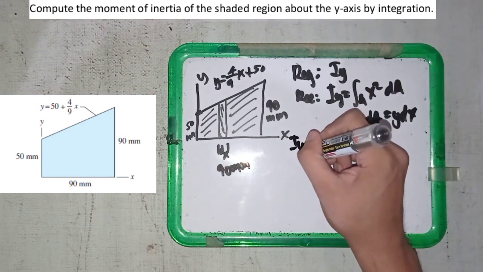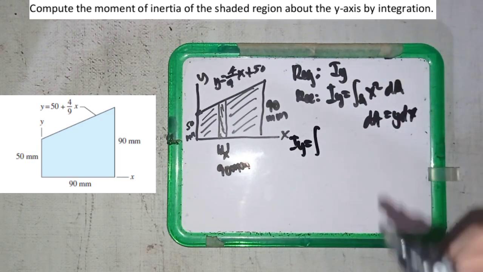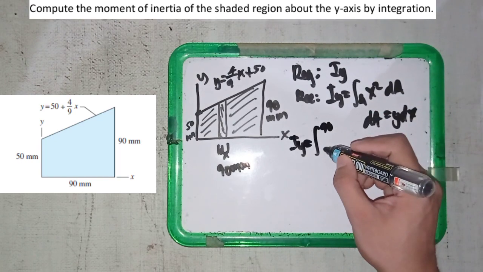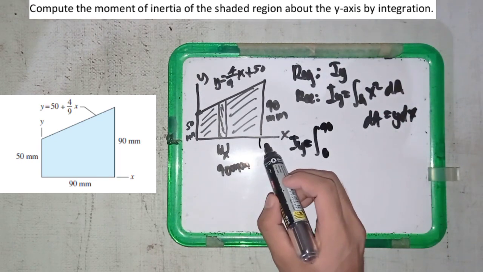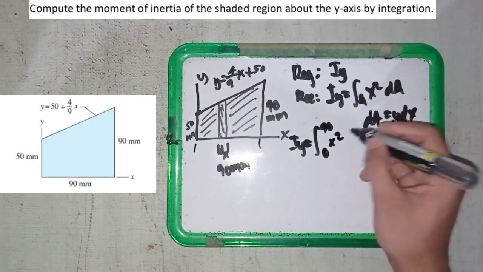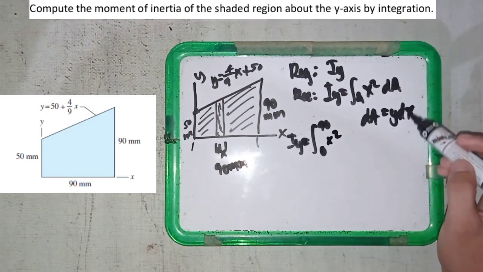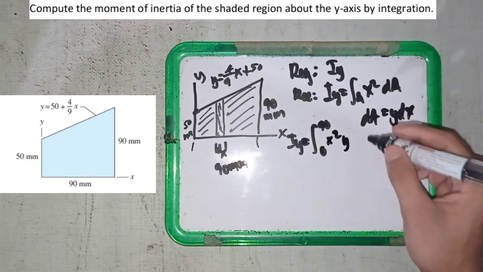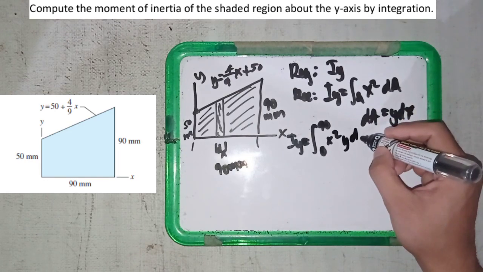So I sub y is equal to the integral with upper boundary and lower boundary, and x squared, and since dA is equal to y dx, we can substitute this expression.